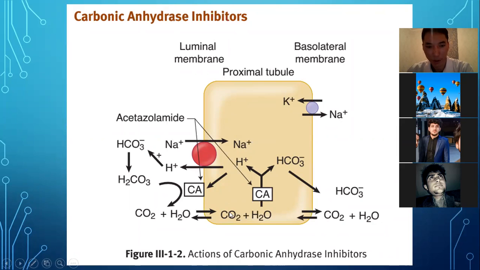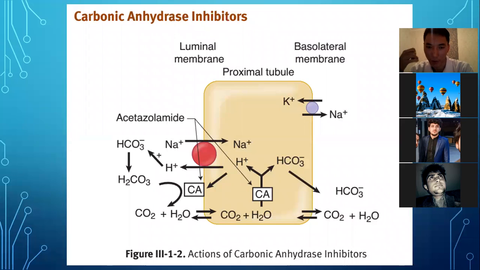Another one is a carbonic anhydrase inhibitor, which will be inhibited too. When there is an inhibition of this carbonic anhydrase, there will be no formation of hydrogen plus ions. It means that there will be a decreased amount of acid concentration.